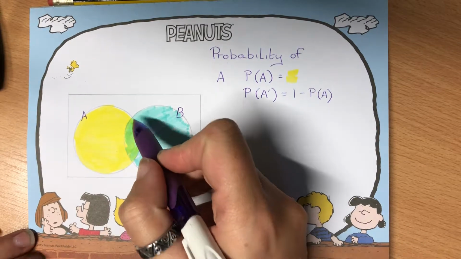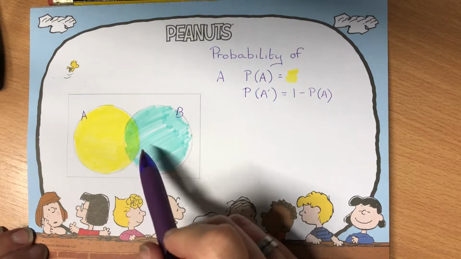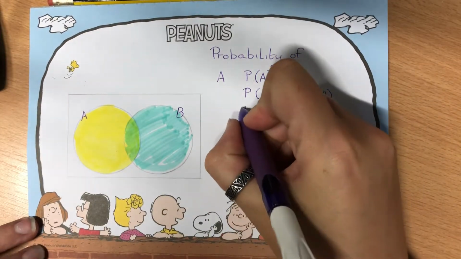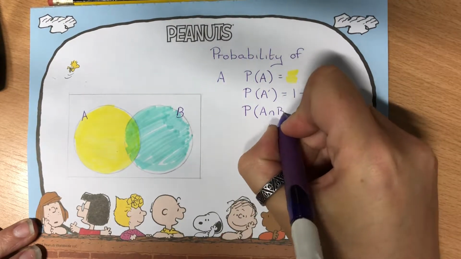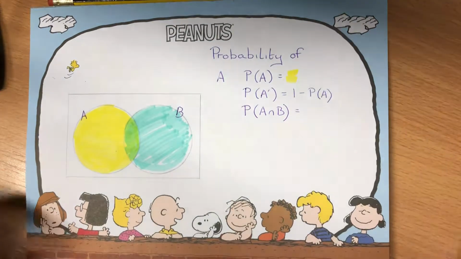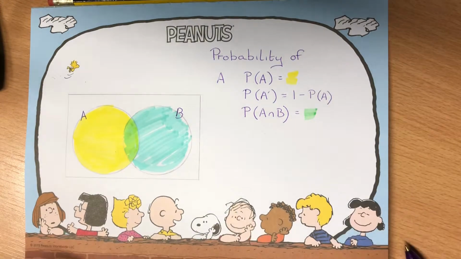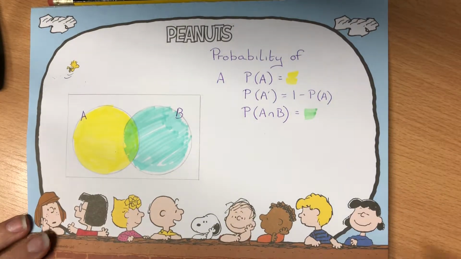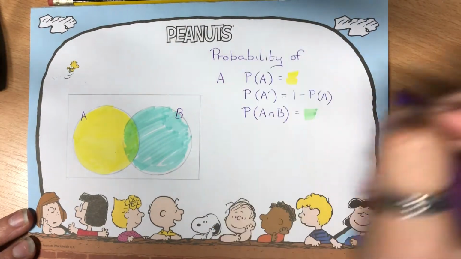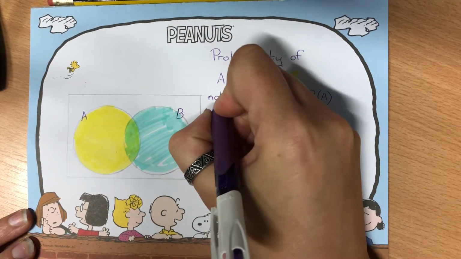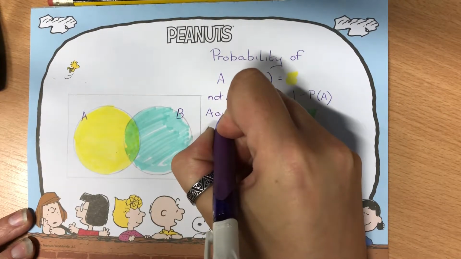This overlapping section, which has ended up green because it's both of these, we refer to as the probability of A and B. So that's the green bit in the middle. That was not A, so that one was A and B.